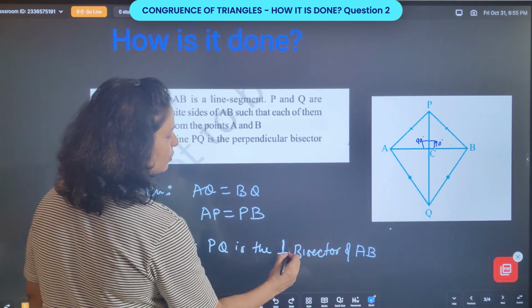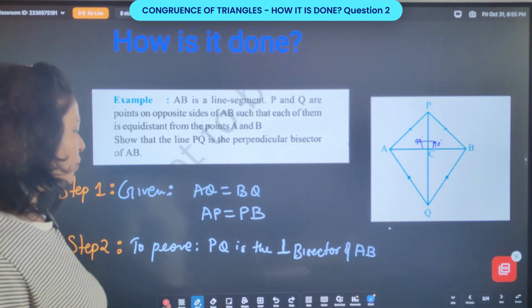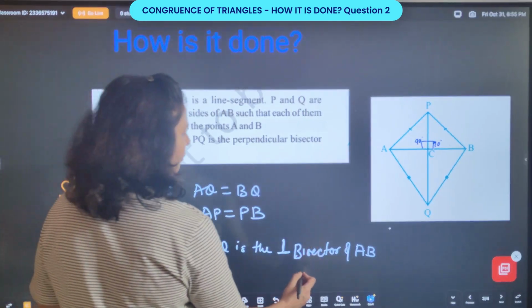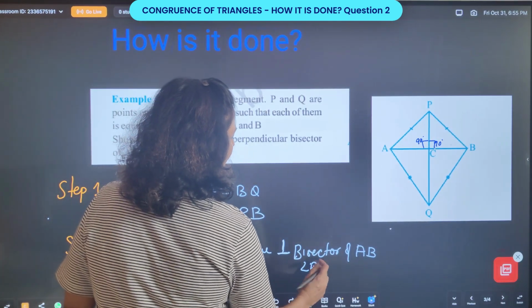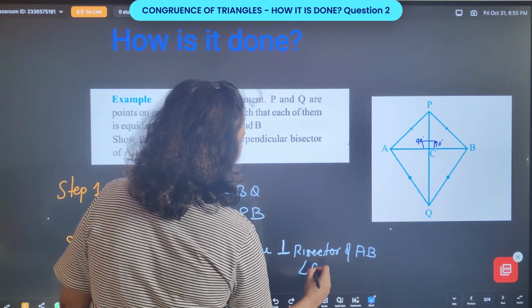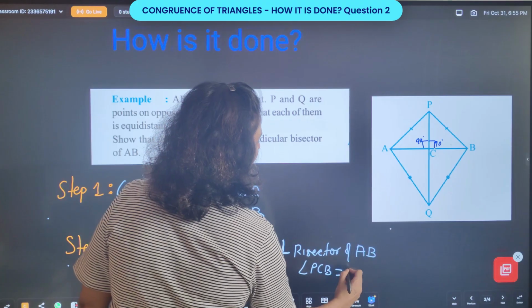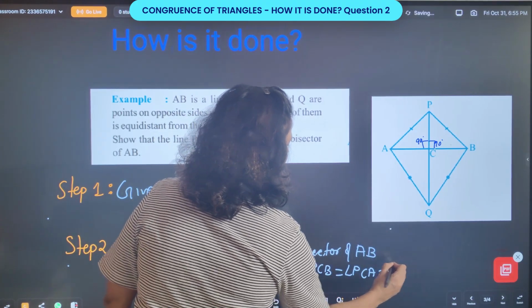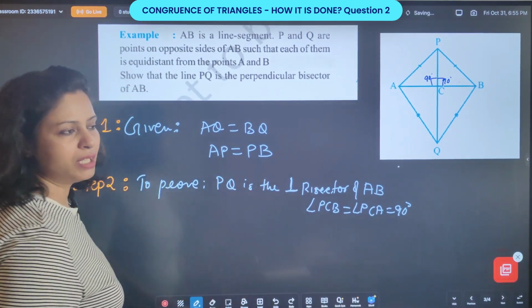This is the symbol we use for perpendicular. Basically, you have to prove angle PCB equals angle PCA equals 90 degrees.